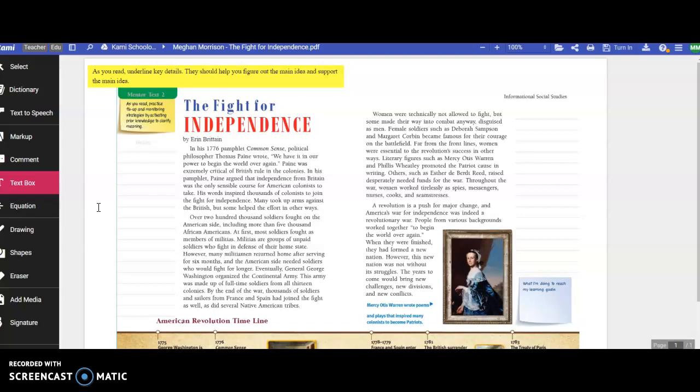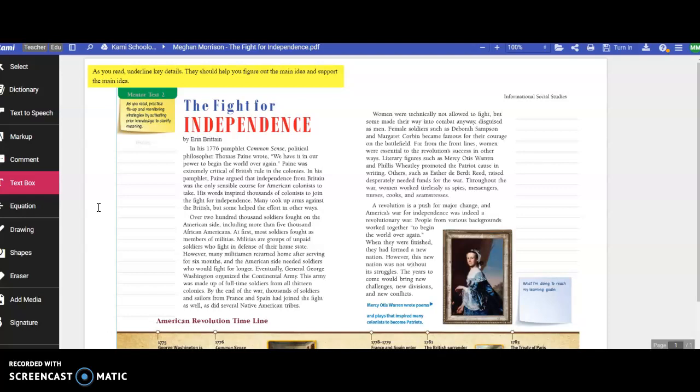A lot of times, unfortunately, in our textbooks, what's presented is just one side of a historical event. So, with the American Revolution, we hear a lot about white men who were involved, which isn't bad, right? There were important white men, George Washington, Thomas Jefferson, different people were involved.